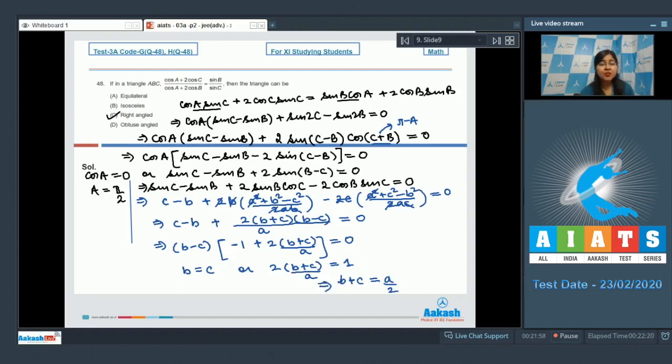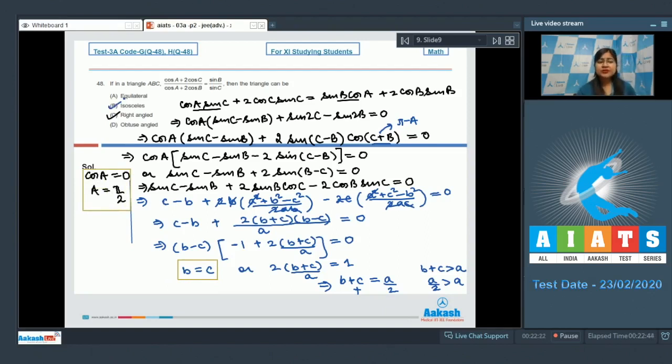But we know that sum of two sides is always greater than third side, but a by 2 can never be greater than a. So this case is rejected. So we get b equal to c. Now from b equal to c we can say that the triangle is isosceles. So option B is correct.